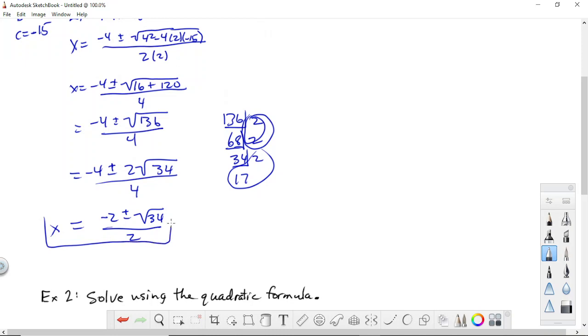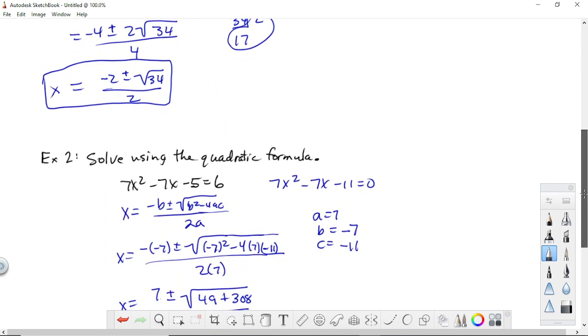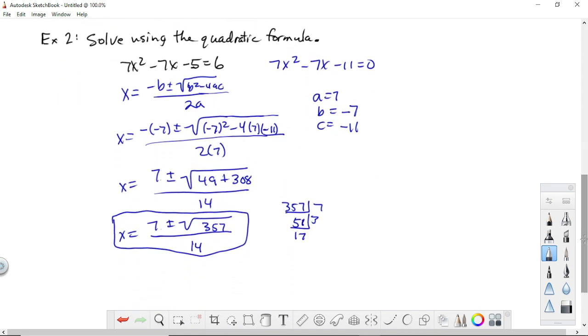X equals. Let's look at a couple more of these. Actually, this one we already have worked out, so we'll just look at it.